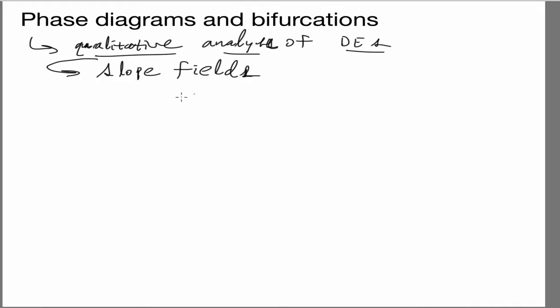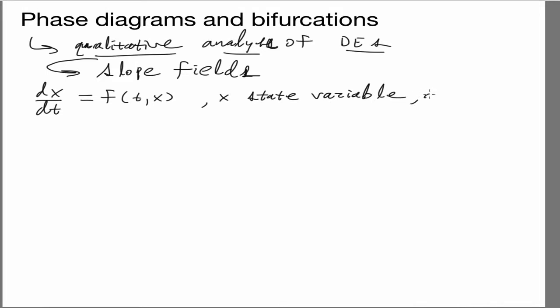So in a slope field, let's recall that we have some sort of dx/dt equals f of t comma x. This is the kind of differential equation we're looking at, where x is some state variable, or what you call a dependent variable, and of course, t is the independent variable.